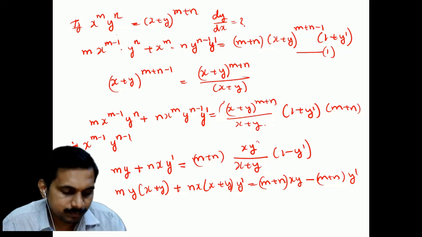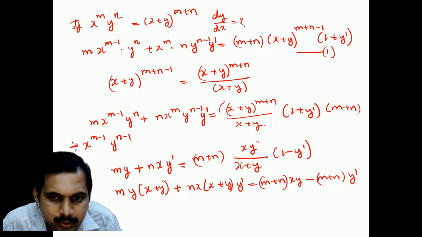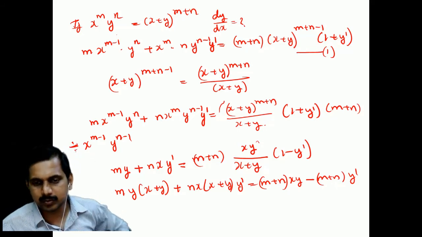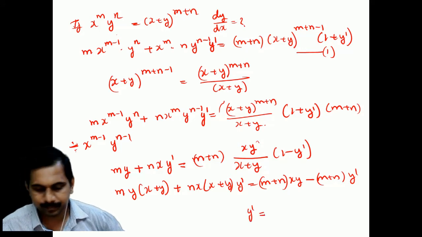Now you have to get the y dash on one side. Can you do that, students? Tell me what is y dash. This is from your side. You have to do it.